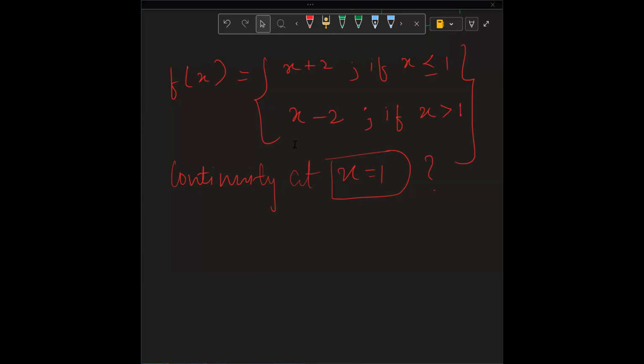Yes, sir. So it's not continuous at x equals to 1.